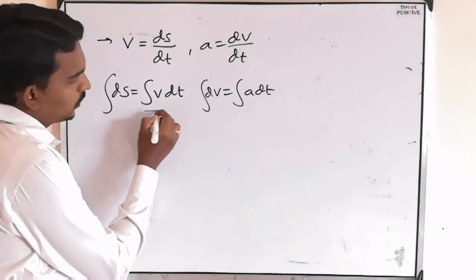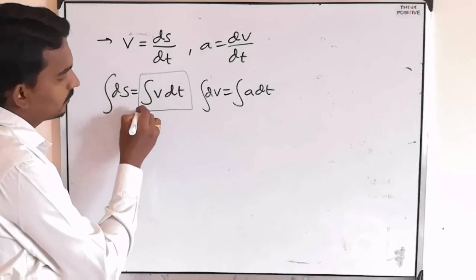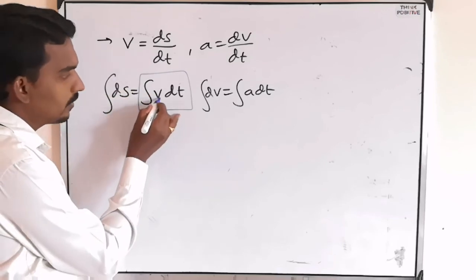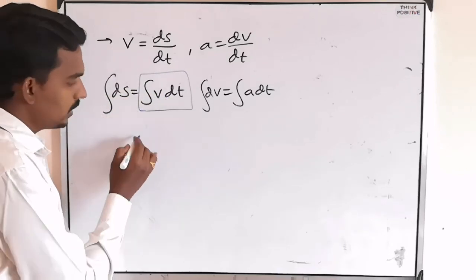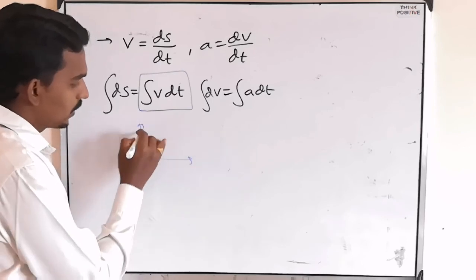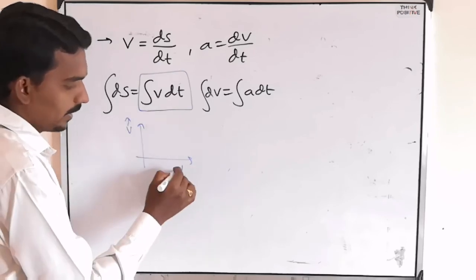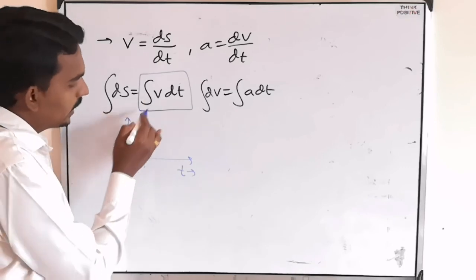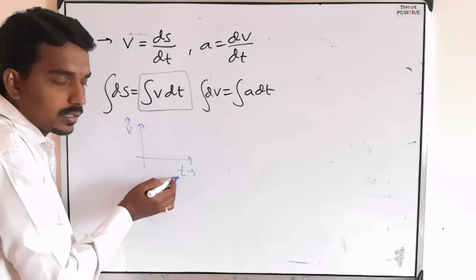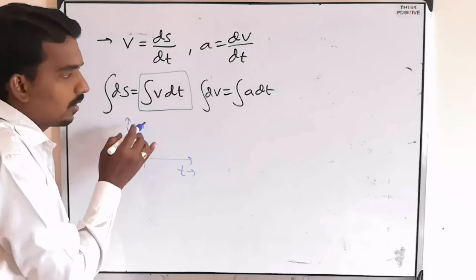So if you take integration of v dt, that means the graph is between v and t, then integration of y with respect to x is nothing but the area below the graph.